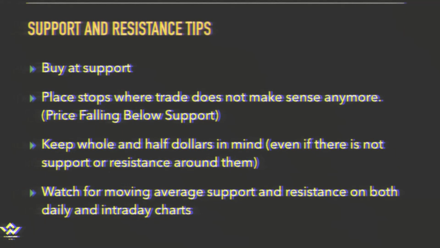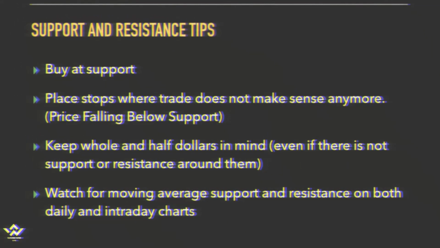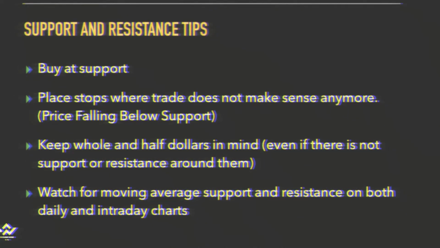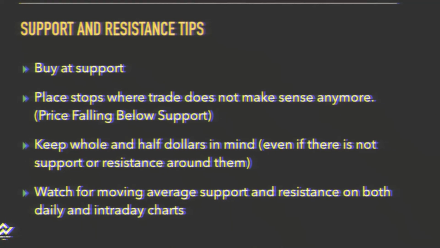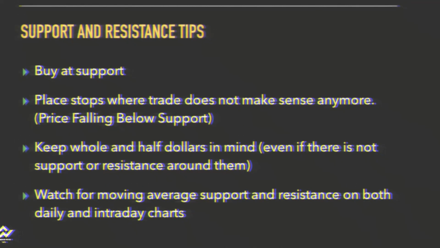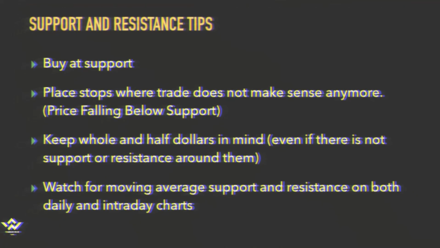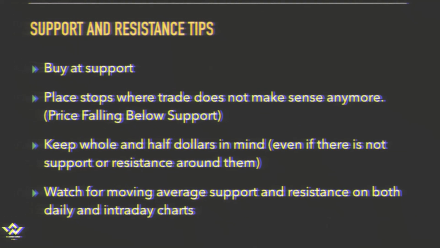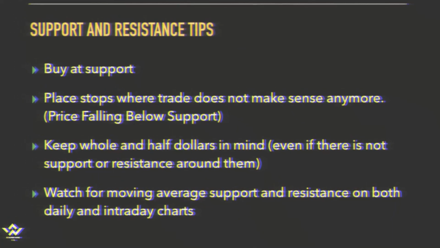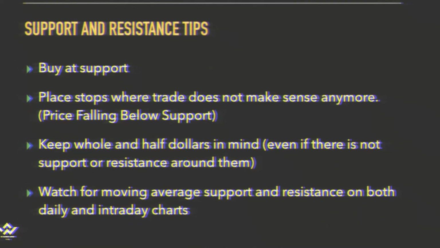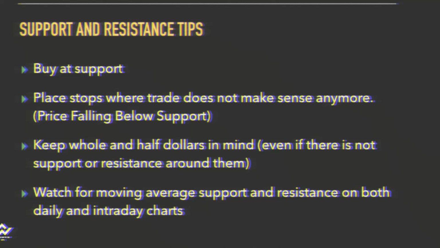So here are some simple support and resistance tips. Buy near support. Buying at support will give you the highest probability for a successful trade while also reducing your risk. You can reduce your risk by placing your stops right where the trade does not make sense anymore, and that will usually fall right below support. So if the stock falls below support, it will most likely continue to fall.